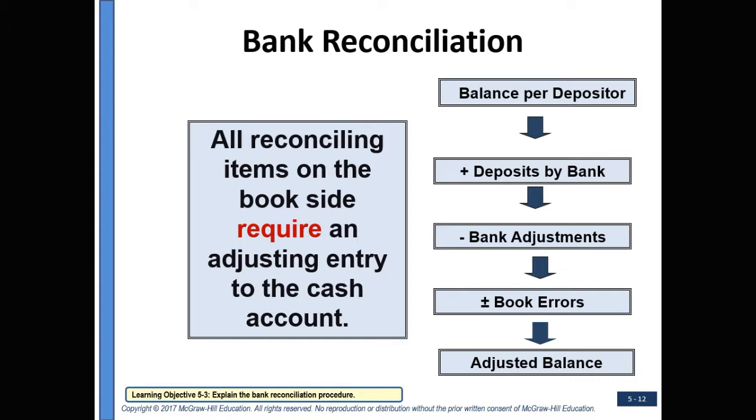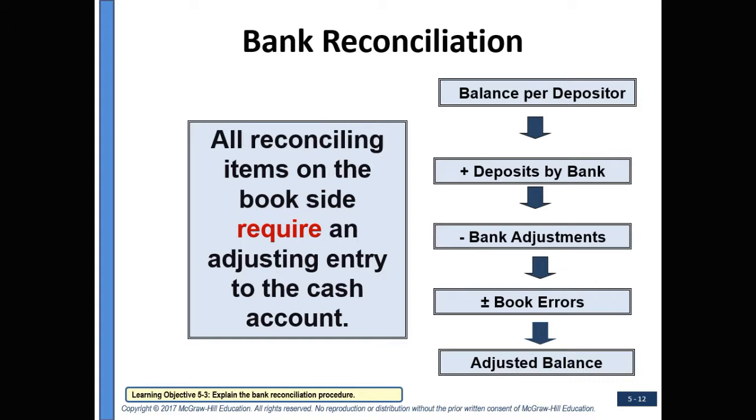So let's look at the bank reconciliation starting with the balance per the depositor and going to the adjusted balance. All reconciling items on your cash account book side require an adjusting entry to the cash account.